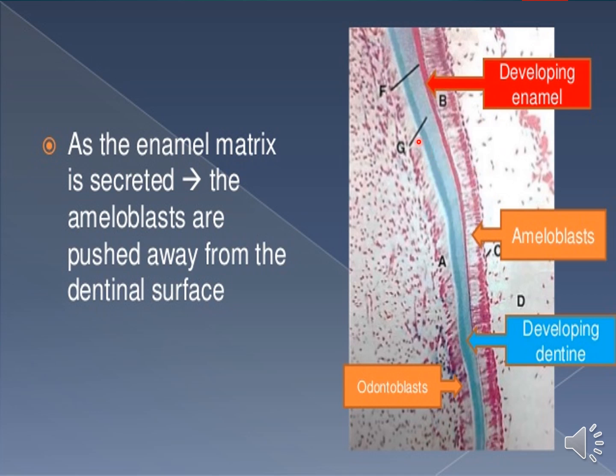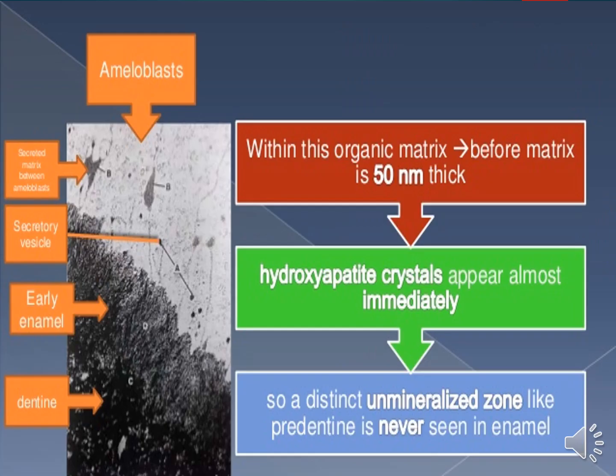Meantime, we can see the dentin formation by the odontoblast. Both happen simultaneously, so we can see something like a mirror image of the two cells, the ameloblast on one side and the odontoblast on the other side. As I said, both the secretion and the mineralization happen simultaneously.